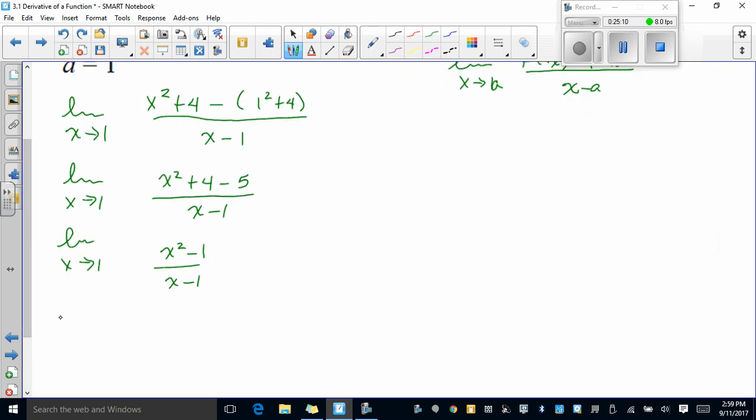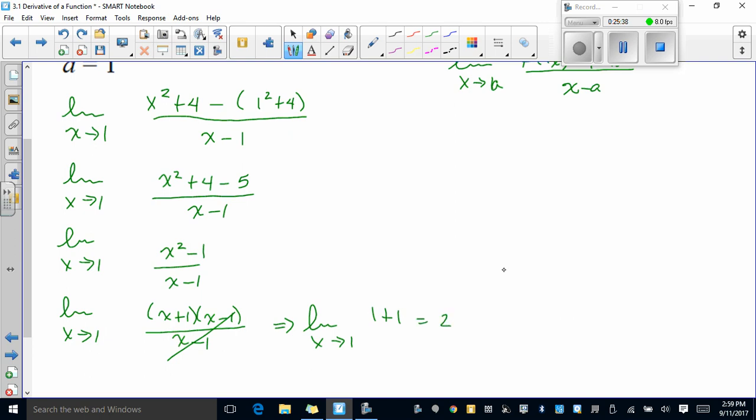So this is going to be x plus 1, x minus 1, all over x minus 1. My x minus 1's cancel out. And I'm left with the limit as x approaches 1 of 1 plus 1, which is 2. So f prime at 1 is equal to 2.